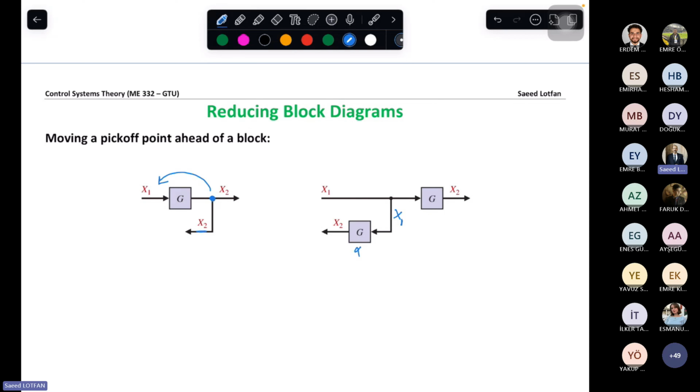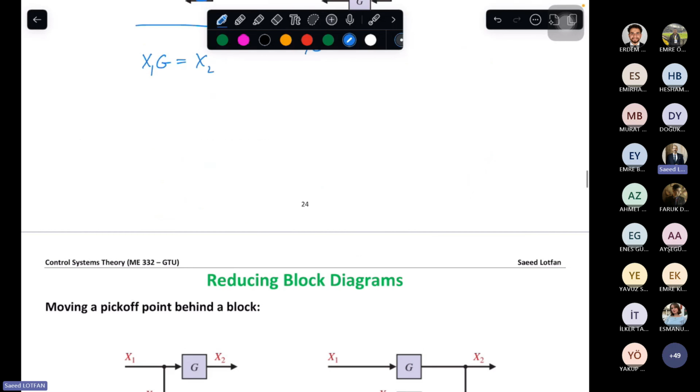So in this diagram, X1 multiplied by G gives me X2. In this diagram also, X2 should be X1 multiplied by G. So when I am moving this pickup point to the ahead of a block, I have to add the block so that the result doesn't change. These are very clear things.